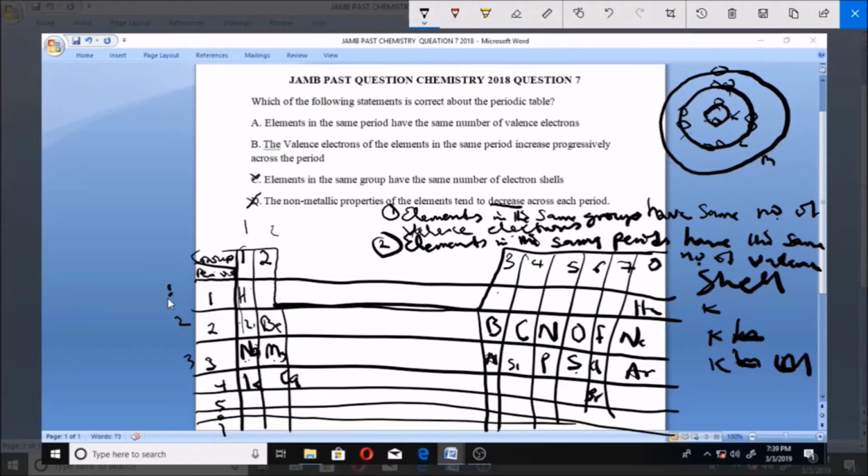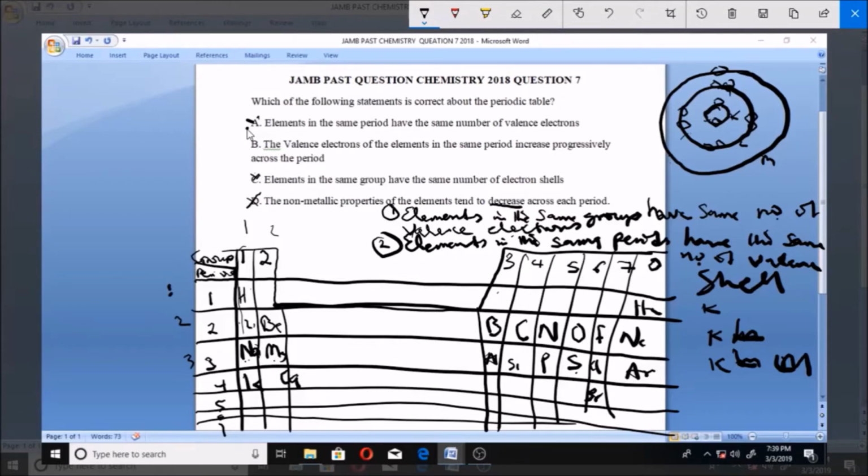Now this one, elements in the same period have the same number of valence electron. This is wrong, because it's only elements in the same group that have the same number of valence electron. But you see this B, the valence electrons of the elements in the same period increase progressively. That is true.